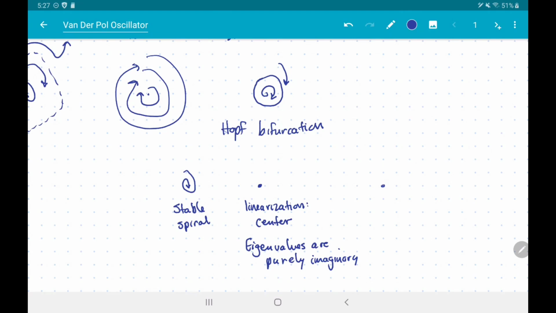But then once it changes stability, there's still this sort of general inflow from the larger scale vector field, which means that a spiral can't just swap stabilities. Instead, it has to basically shed a limit cycle. And in this picture, the limit cycle will be stable.